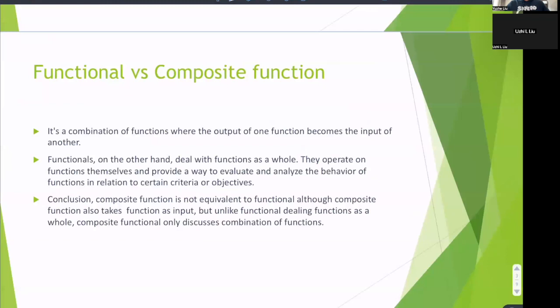Although they both take a function as an input, a functional deals with the function as a whole, unlike a composition, which is just a combination of two functions.